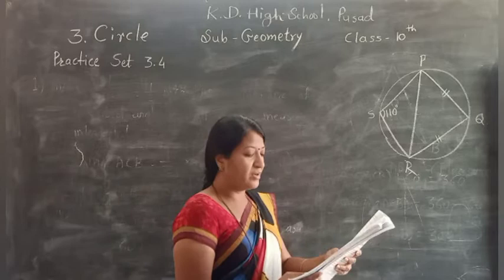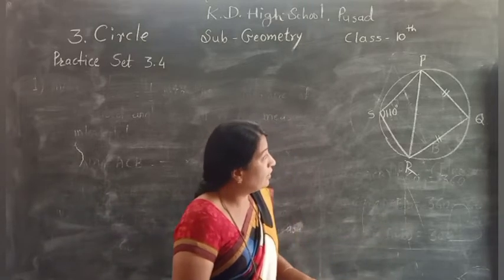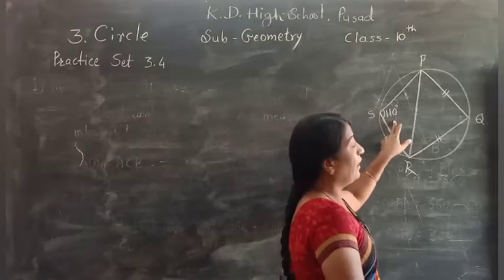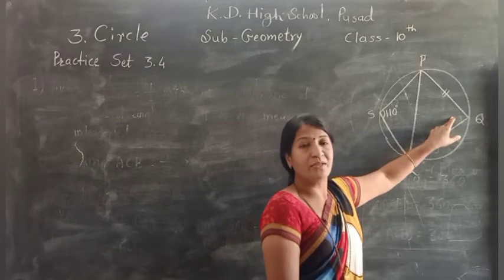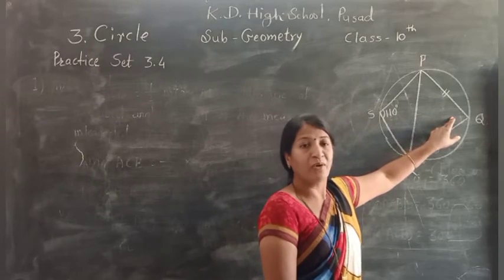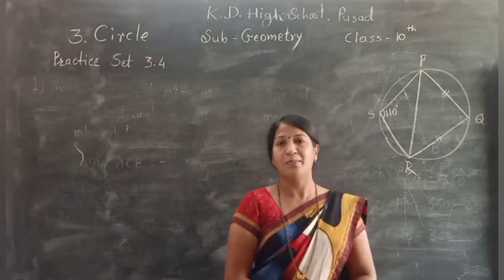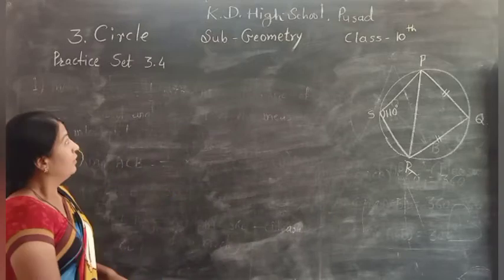First of all, find the measure of angle PQR. Very simple. Angle S is given and we have to find Q, by using the property of a cyclic quadrilateral, that opposite angles are supplementary. Very simple question for 1 mark.